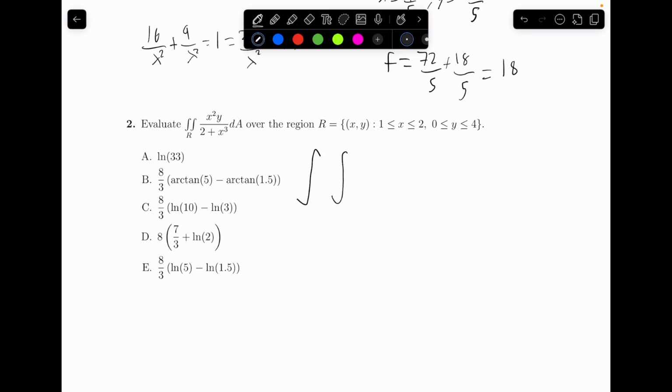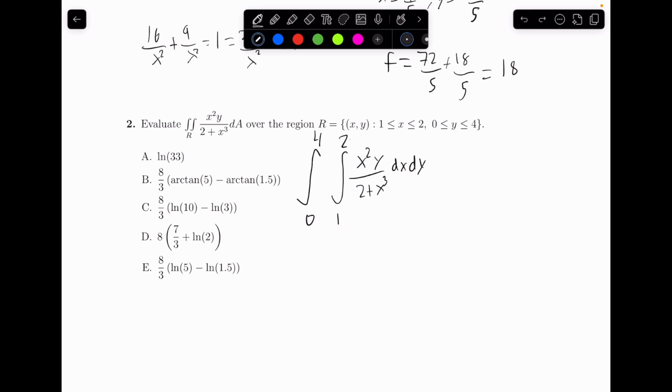So let's write out the actual bounds. We have 2 plus x cubed, dx dy. It doesn't really matter in this case, but we'll go x from 1 to 2, y from 0 to 4. Something helpful is that you can break the integrand up into 2 parts, one of x and one of y, and the bounds don't depend on the previous integrals.